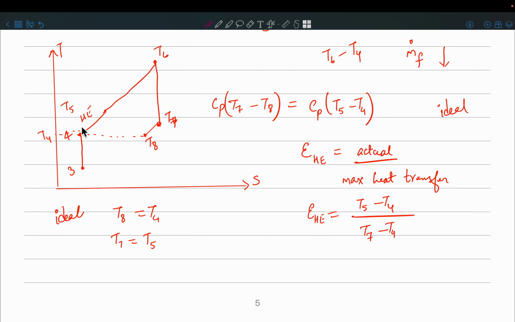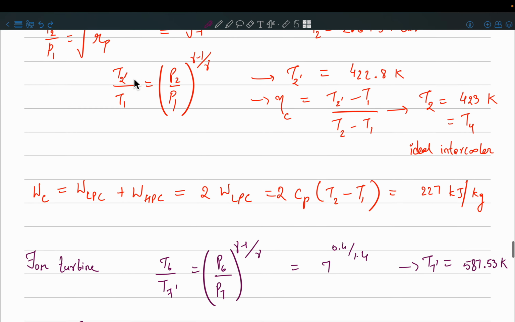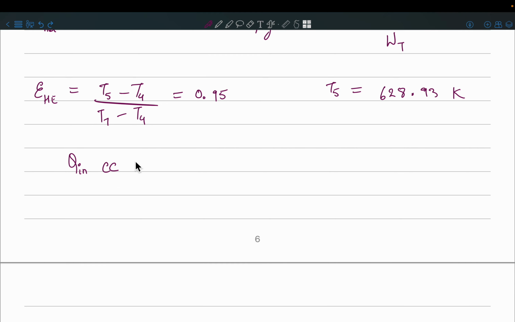But now, because you have the heat exchanger, you have to add a lesser amount of fuel, and that's why the heat that you are going to add in the combustion chamber is going to be smaller, and that can be found as Cp into (T6 minus T5), right? So this turns out to be 396.039 kilojoule per kg. Okay, so you can just approximate this.